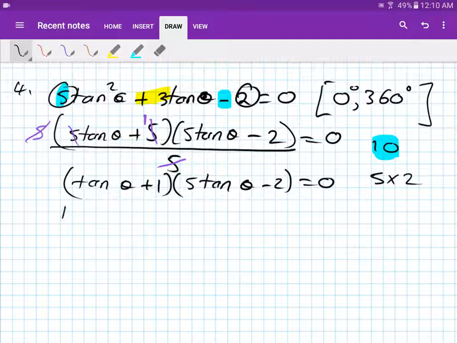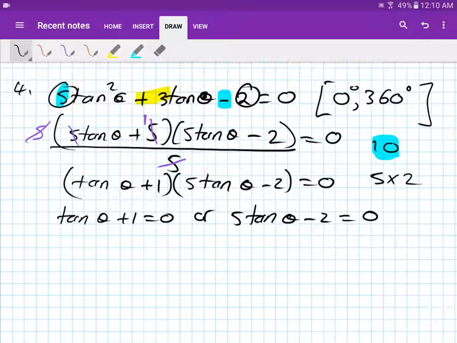So tan theta plus 1 equals 0 or 5 tan theta minus 2 equals 0. So now tan theta equals negative 1 or tan theta is equal to 2 over 5.